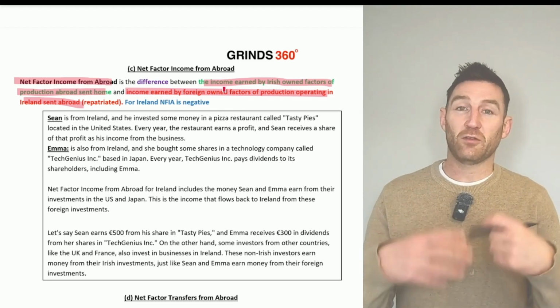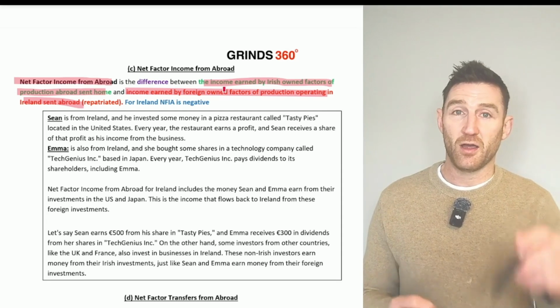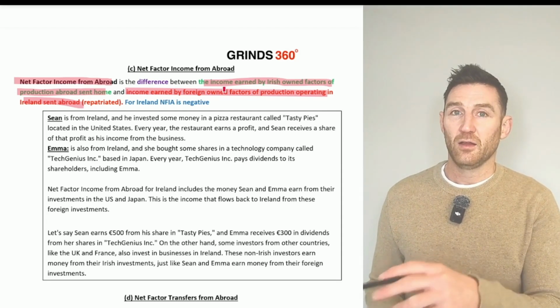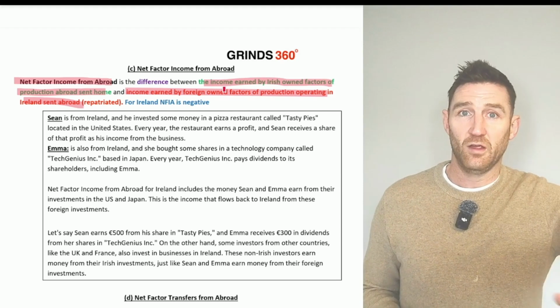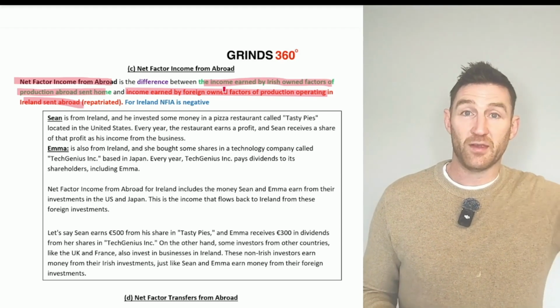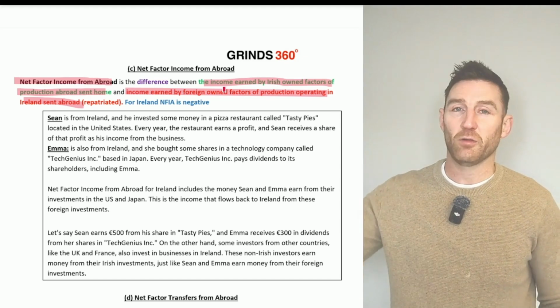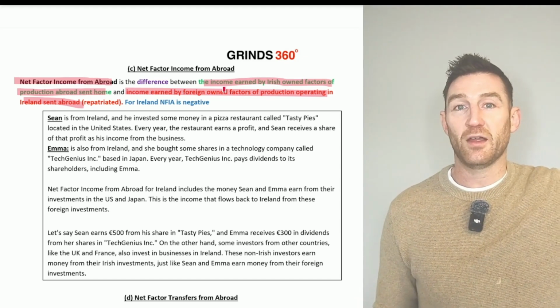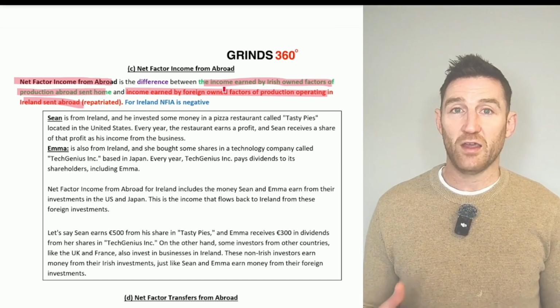Really, we're talking about three flows of money. So we're talking about the profits earned by international companies here and sent back to their home country, versus the profits earned by Irish companies abroad and sent back to Ireland. So the profits that those big international companies here earn and send back home is far greater than any Irish companies earn abroad and send back to Ireland. Next thing then is the repatriation of wages.